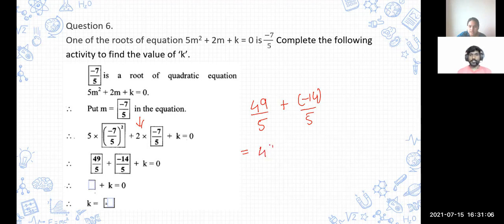So this becomes 49 minus 14 upon 5, correct? How much is 49 minus 14? 55. Minus 49 minus 14.